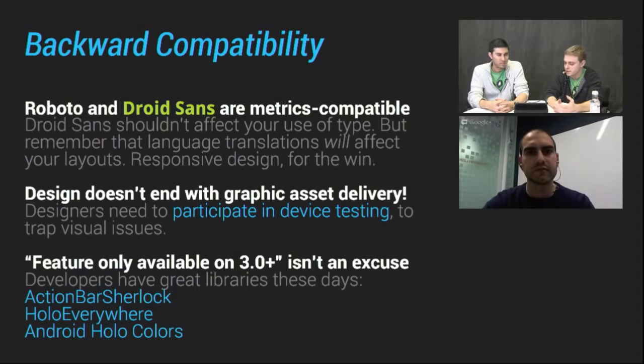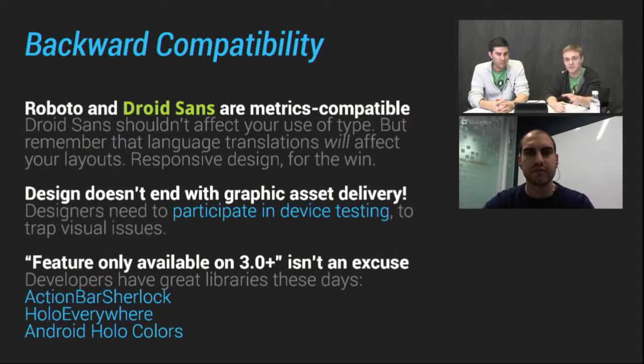And then also, this is again more for tactics, but in your process, it's really important for designers to participate in the device testing process. So usually you'll have a QA team or maybe a developer that has a whole bunch of devices, and they're testing the APKs on all those devices. Designers should really participate, because sometimes designers in a team are some of the most visually sensitive folks, so they'll be able to pick out what the little quirks are.